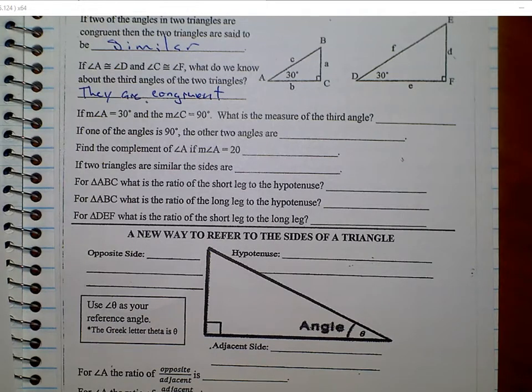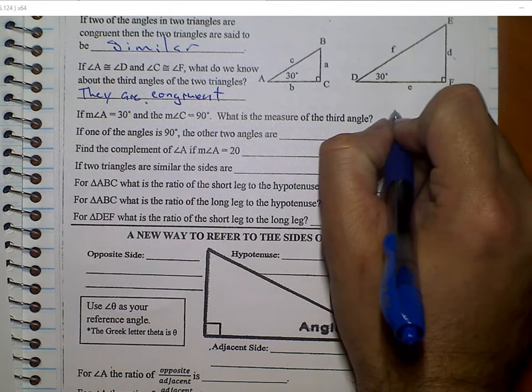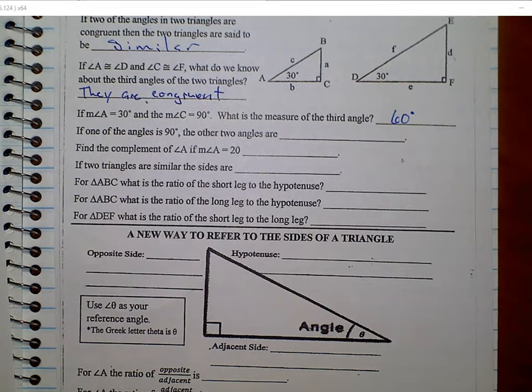If angle A is 30 and angle C is 90, what is the measure of the third angle? 60. Congruent.